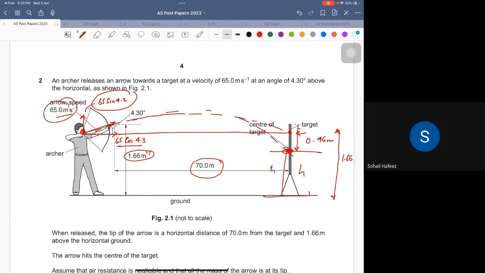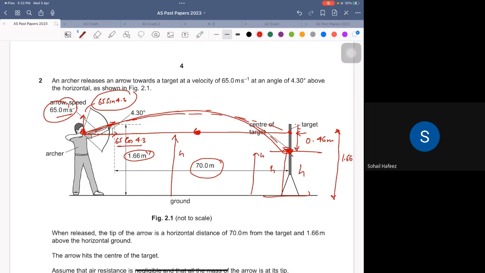And now obviously if it has gone below the firing line, so this is your firing line, so below that, it means that not only has the gravitational potential energy decreased, because initially it was at this height and now it is at this height when it hit.